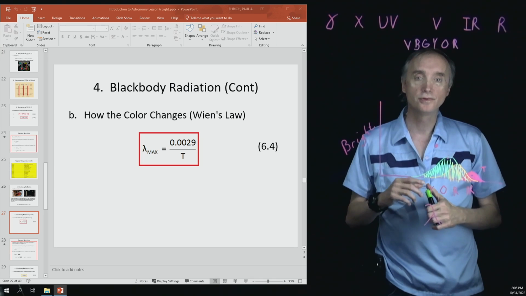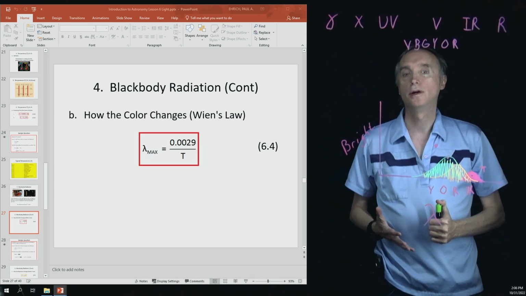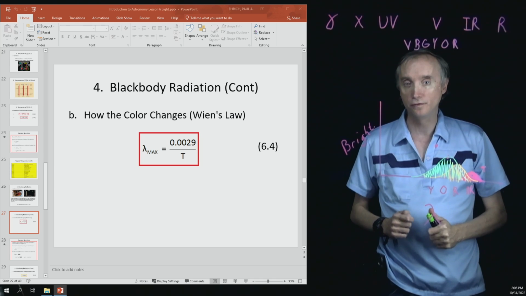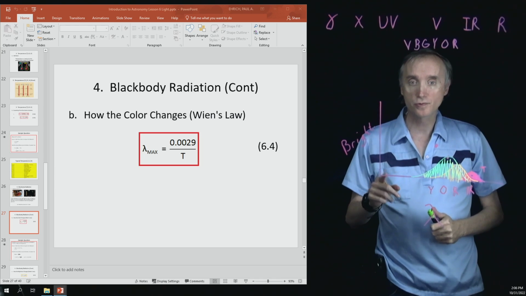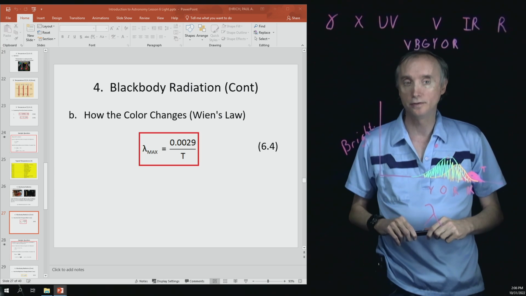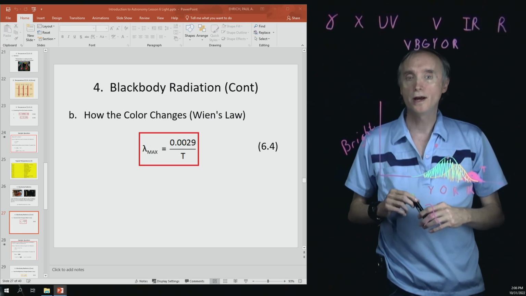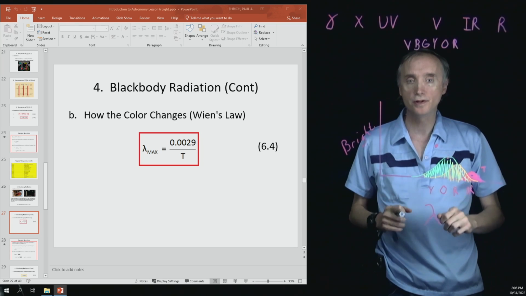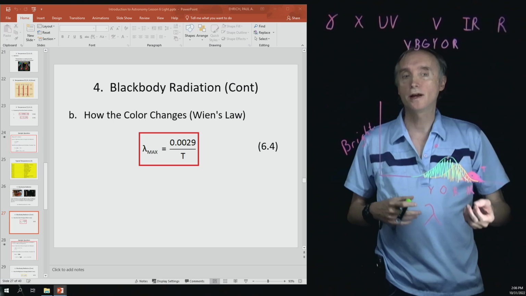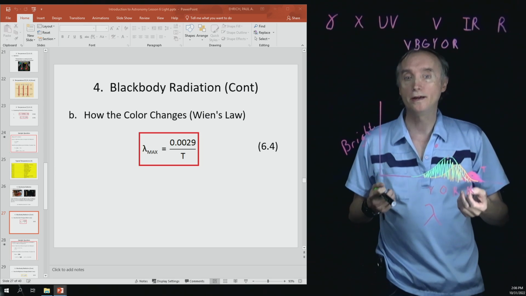So let's do a conceptual thing before we plug numbers into the formula. Do you notice where the T is? The T is in the bottom part of the formula. So what would happen if I increase the temperature of a black body? What's going to happen to the maximum wavelength?